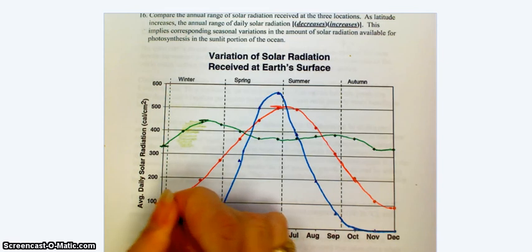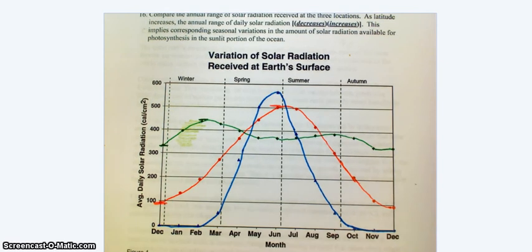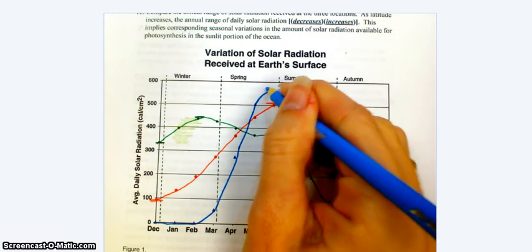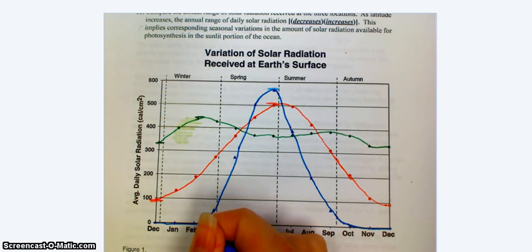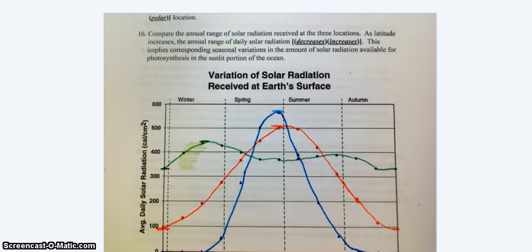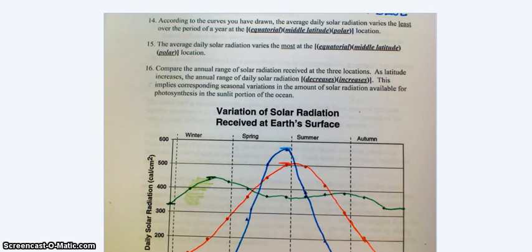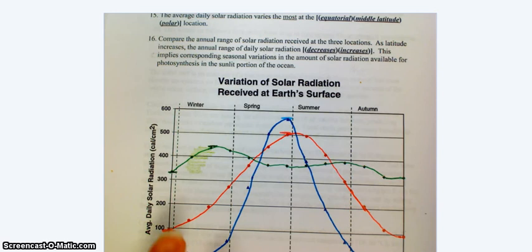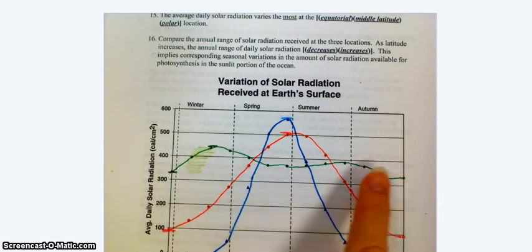Lowest value seems to be about there. So that's a bigger change. And blue, your highest value is here, and your lowest value is all the way down at 0. So that's probably your biggest change. Okay, so according to the curves you've drawn, the average daily solar radiation varies the least at the green location, which is your equatorial location.